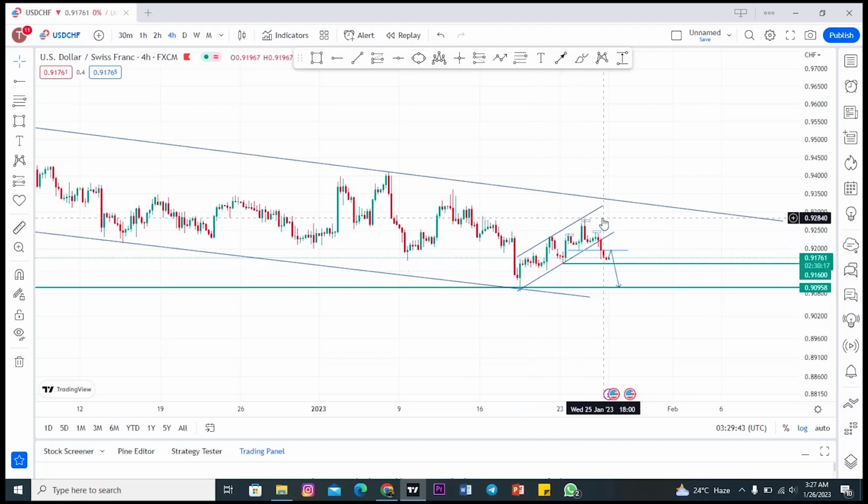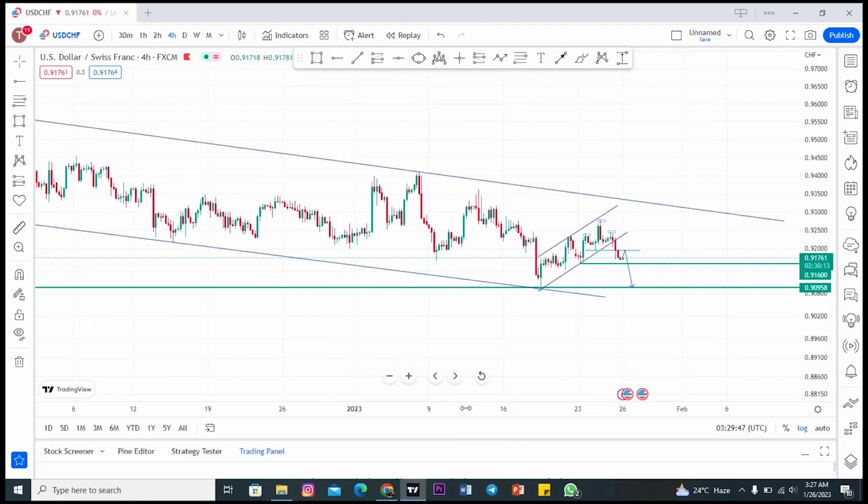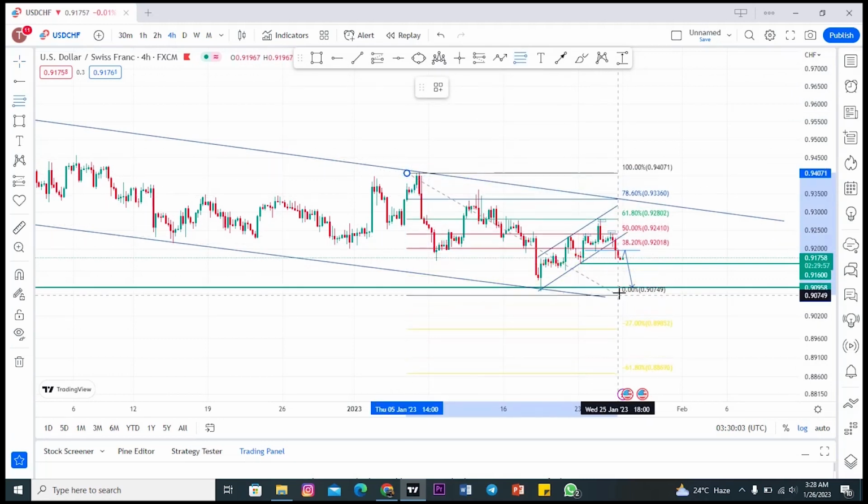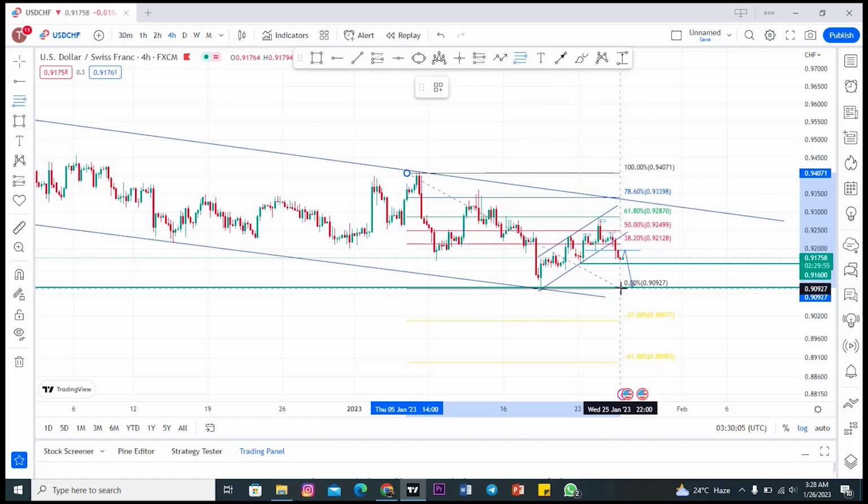With the correction to the upside, first you have to know where the correction will end before you enter the market, and that's where the Fibonacci comes in. So with the Fibonacci, let's choose our Fibonacci tool and place it right here at this low.